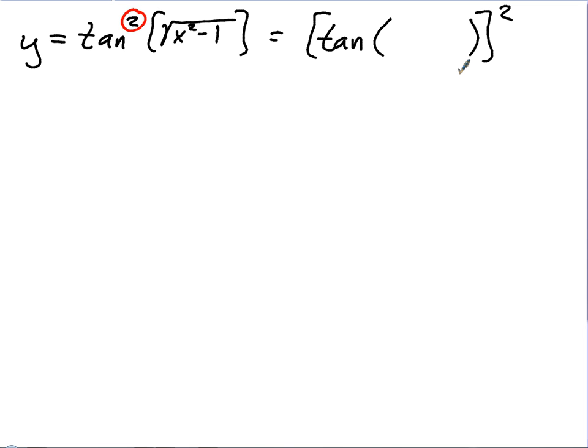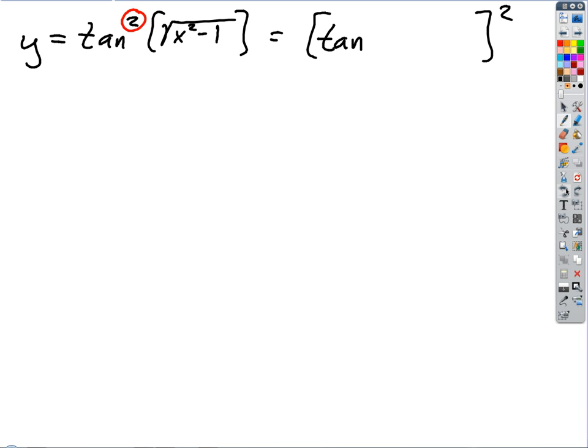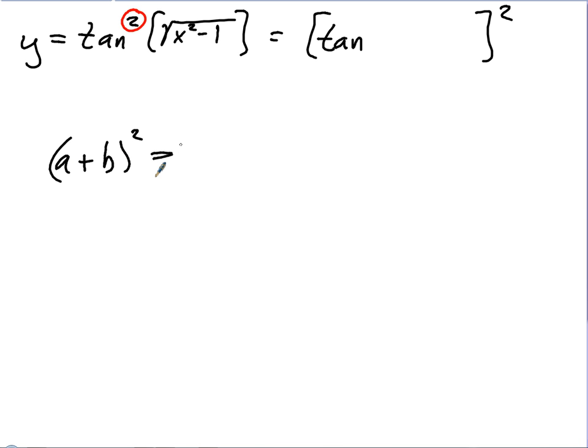So the square root of x squared minus 1, we got to write as a fractional power. So let's do that. I can't distribute the 1/2. Remember, you can't distribute a power, unfortunately. For example, if I have (a plus b) squared, that's not equal to a squared plus b squared.